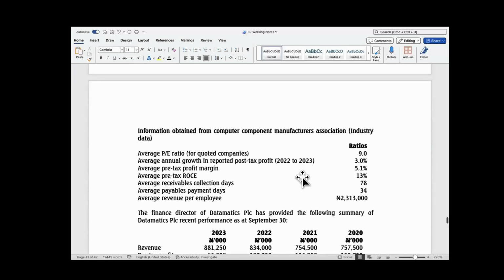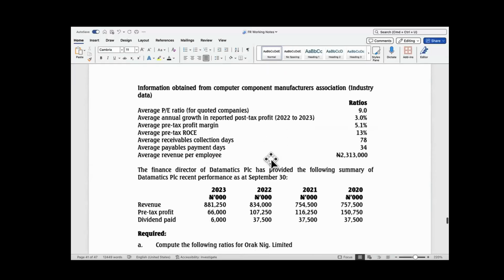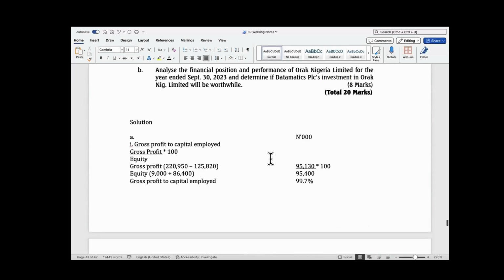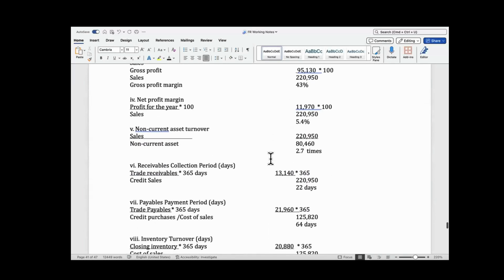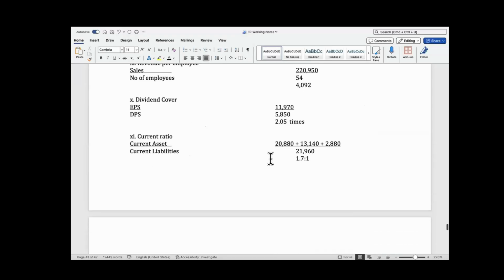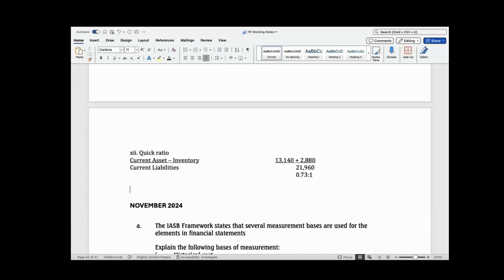However, we were given industry average. So it is on the basis of this industry average that we are going to know whether this company is actually doing fine. So it's really not a big deal, but let's see how we can do this analysis without spending so much time on it.